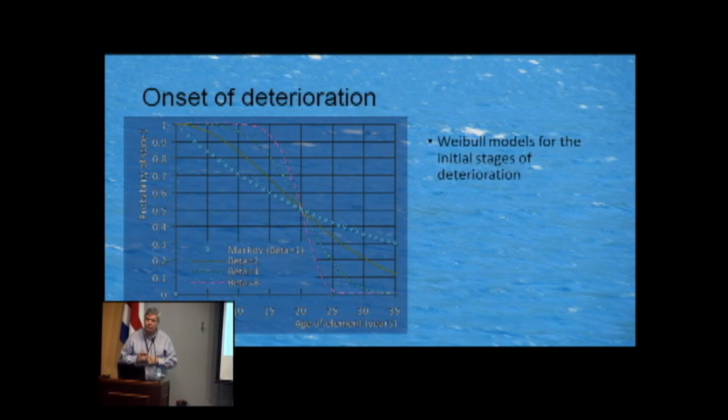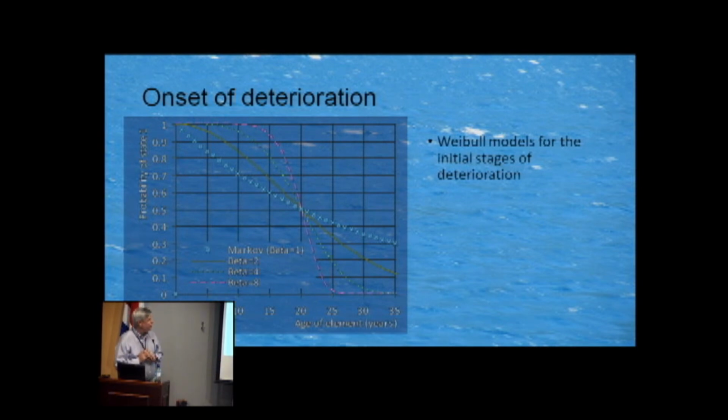Another thing that we've done in Florida is to analyze the onset of deterioration. Now, normally in deterioration models with bridges, because we're collecting condition state data, it's natural to use a Markovian model because that's pretty much the simplest possible model that can work with this kind of data. And Markovian models work okay, but there are ways to improve on them.